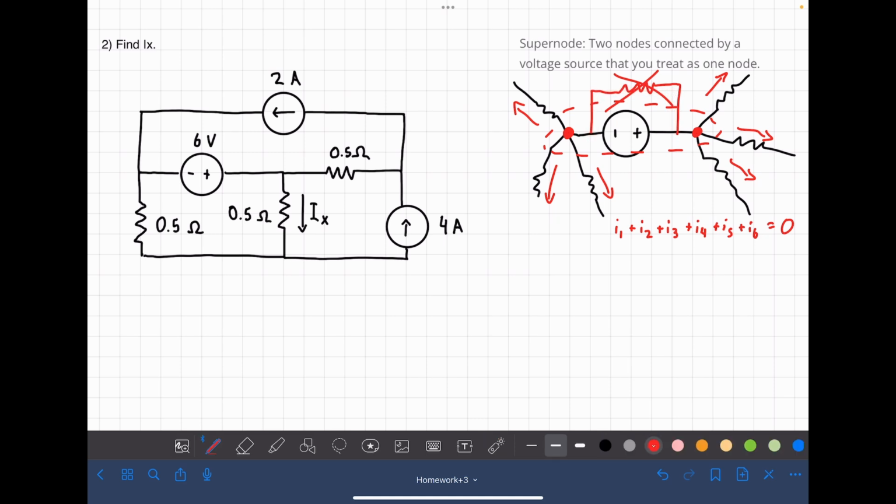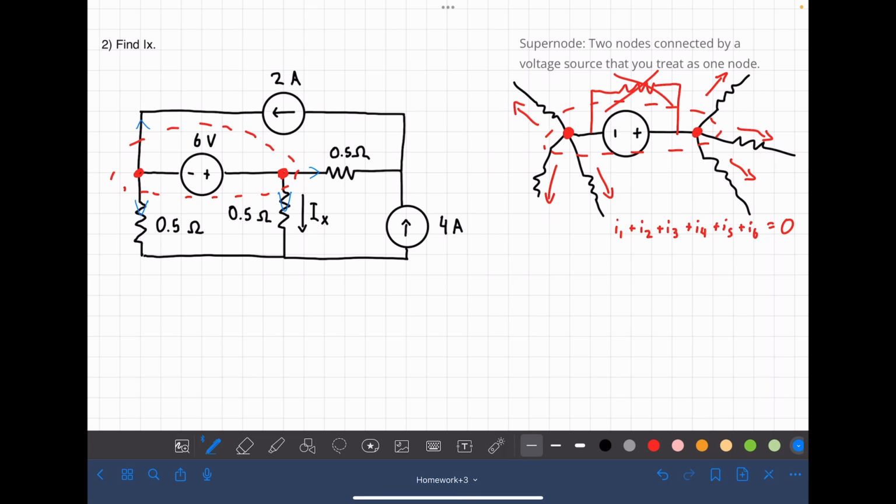Okay, so in this circuit example, you can see we have a supernode right here. Again, that is two nodes directly connected by a voltage source. So when we go to solve this, we're going to draw all our currents like this, exiting, got Ix over here, and that is all of them.